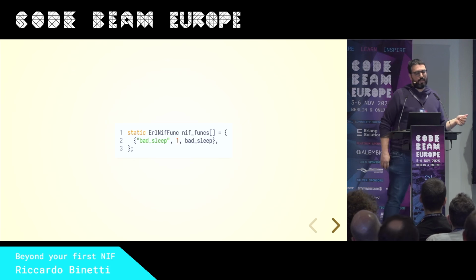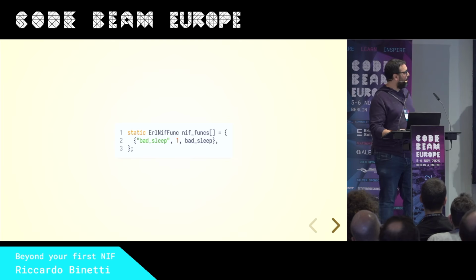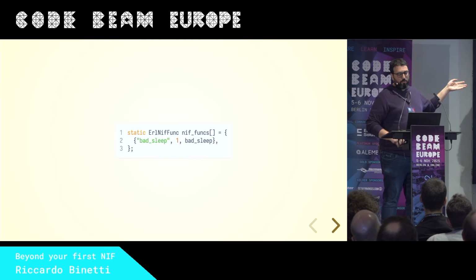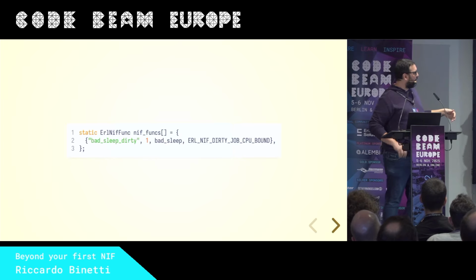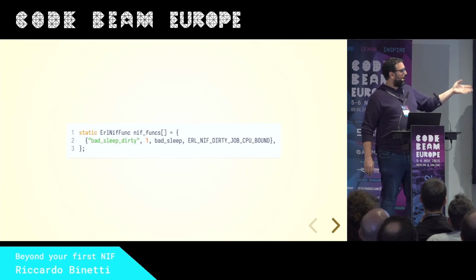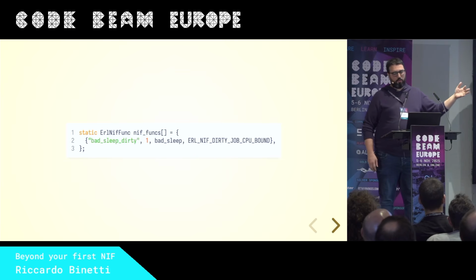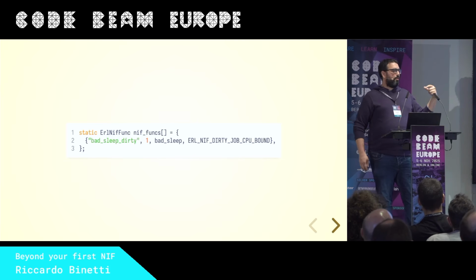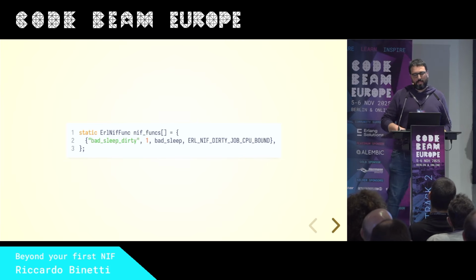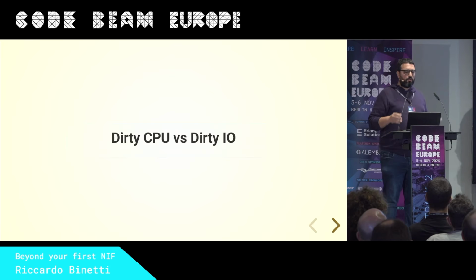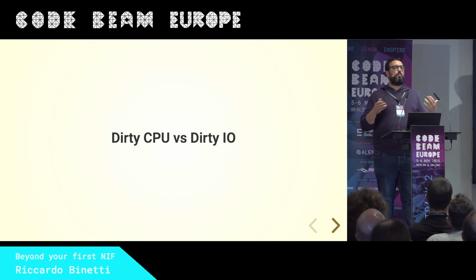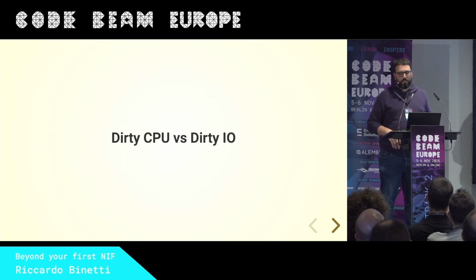So what we can do to make our NIF nicer is statically tell that it's a dirty NIF, and we can do that in the array where we declare all our NIFs. We can pass the flag ERL_NIF_DIRTY_JOB_CPU_BOUND or IO_BOUND, and it will then execute on dirty schedulers. So how do you determine if a NIF is dirty CPU or dirty I/O?